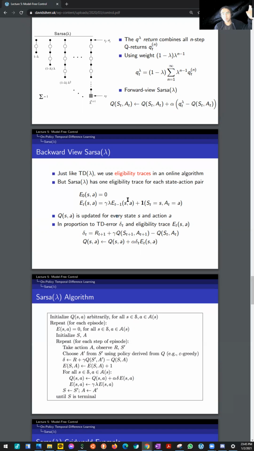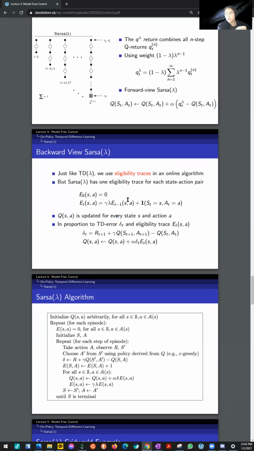For example, let's say that we got a really surprising event when t was equal to 100. It is more plausible and reasonable to think that it should be credited more to the states that happened more recently, instead of states that happened in the beginning, when everything was random, right?